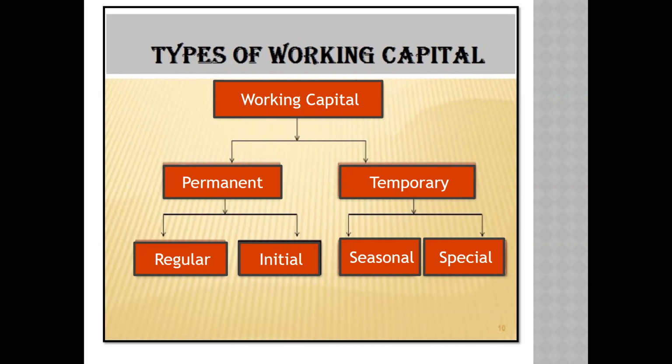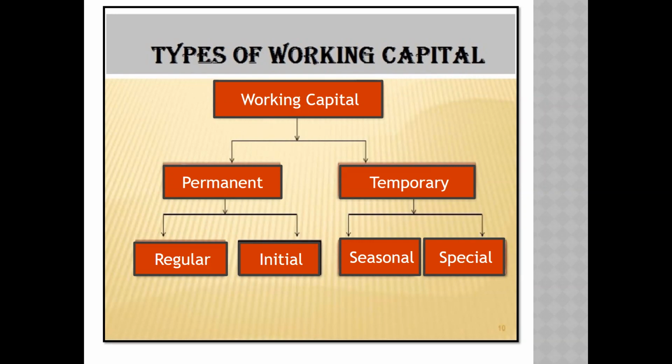Initial working capital is the part of permanent working capital which is required at the time of commencement of a business. Because when you start a business, you are new, nobody knows you, so no one will give you things on credit. So that's why in the beginning of any business, you need this initial working capital.